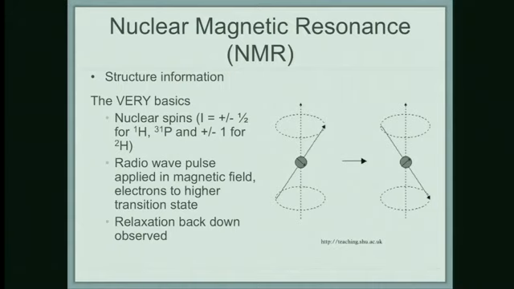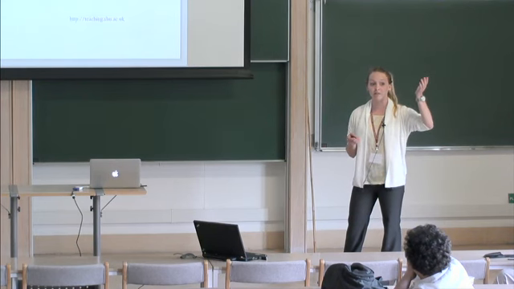In the presence of an external magnetic field, the nucleus and its electrons precess around that magnetic field in the direction of the magnetic field at a certain frequency. Then when you apply a pulse of radio waves at another frequency, it excites all those electrons to a higher transition state, so a higher energy level.